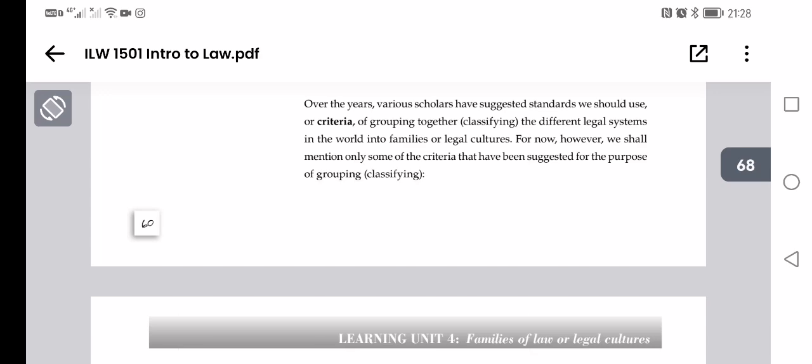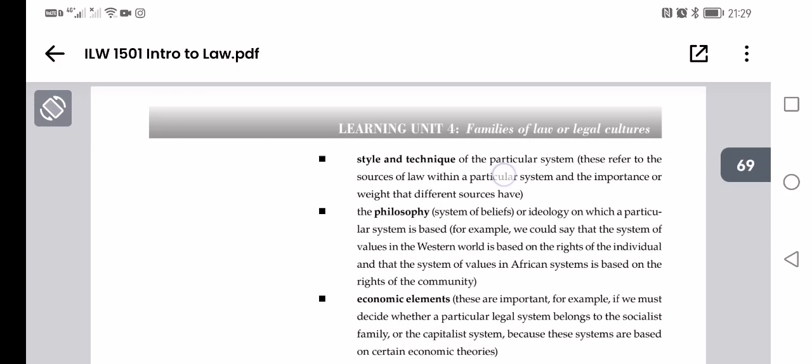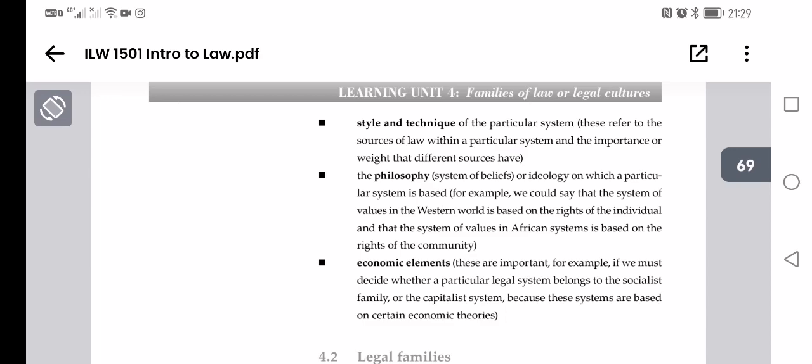The sources of law unique to a particular system. This refers to the sources of law within a particular system and the importance or weight that different sources have.